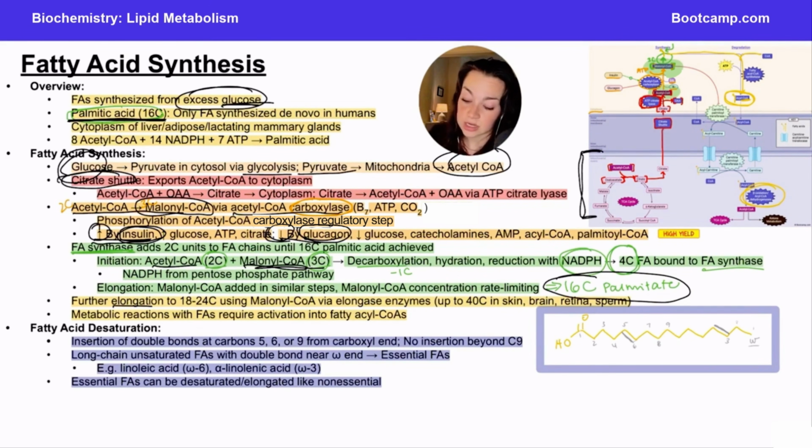And then if we wanted to get it any longer than that, we had to use special elongase enzymes through a slightly different process. And then we talked about desaturation and how we can further modify some of these fatty acids by adding in double bonds, but we cannot add double bonds past the 9 carbon position. And that's why these long chain unsaturated fatty acids like omega-3s and omega-6s are essential fatty acids. And that's all I got for you. Good job, good luck, and keep practicing.